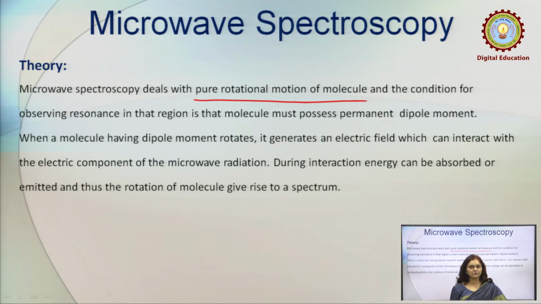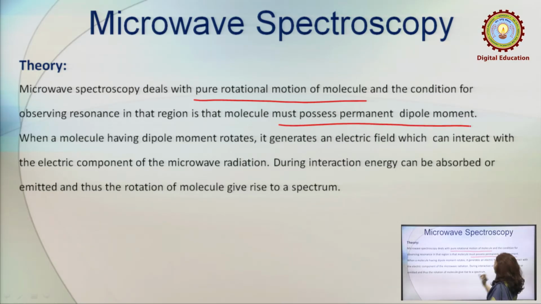In Raman spectroscopy, both vibration and rotational levels are observed, but in this spectroscopy, only rotational motions are observed. So, it is the pure rotational spectroscopy, and the condition for observing resonance in this region is that the molecule must possess permanent dipole moment.